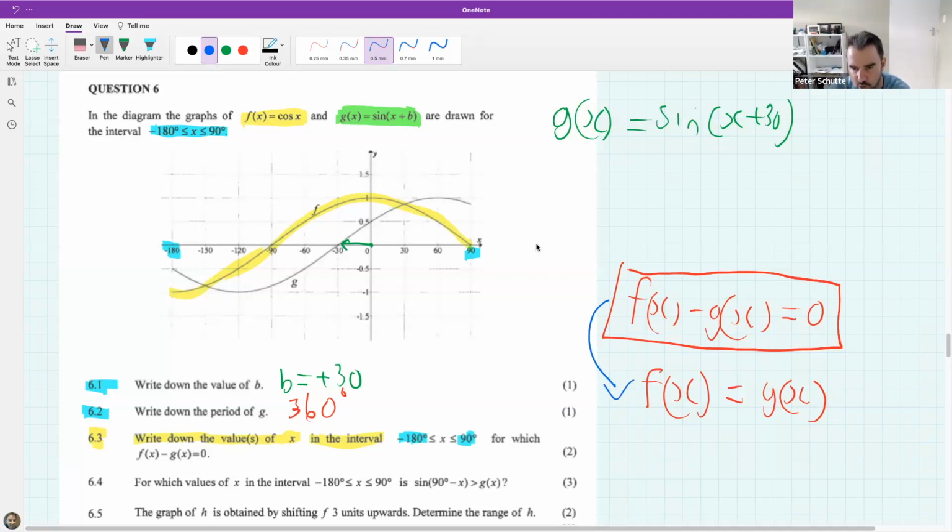Okay, now I want you to look at your graph, and think. You know that f is yellow, and you know that g is green. For which x values is yellow equal to green?